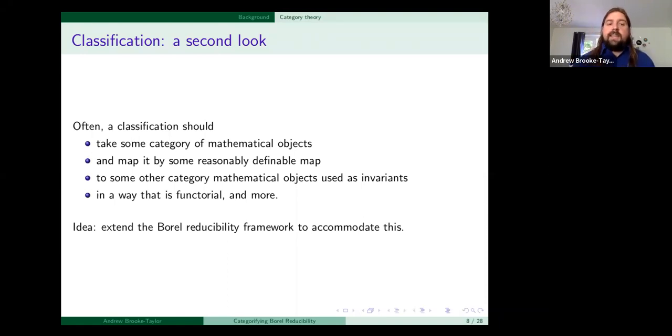And so the idea here is to extend the Borel reducibility framework to accommodate this, and then have a look at how this changes things. And actually, we see that quite a lot of classes of structures that were Borel complete, we can fairly readily show that they're not universal in the analogous way for this extended Borel reducibility framework with functoriality.